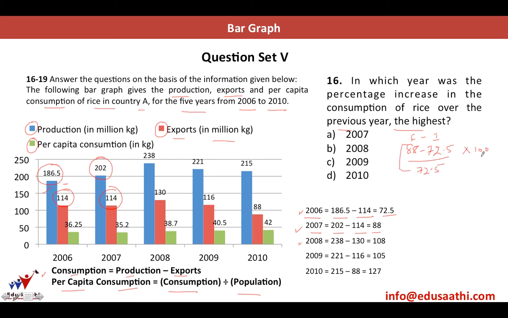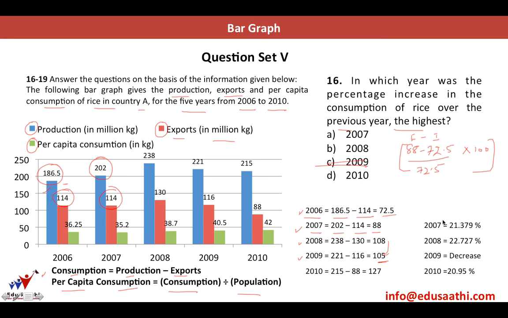You need to calculate this for all the years given in the answer options, except for 2009, because here we see there's a decrease from 108, the consumption has reduced to 105. So we don't need to calculate for this year. You can simply strike off this option, but for the rest of the years we need to calculate.